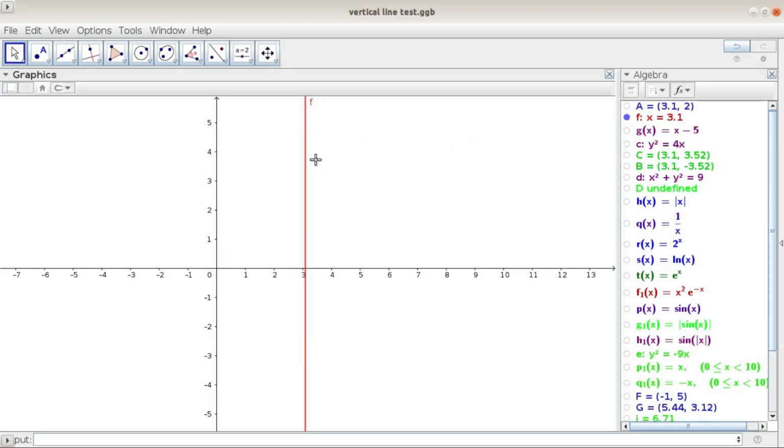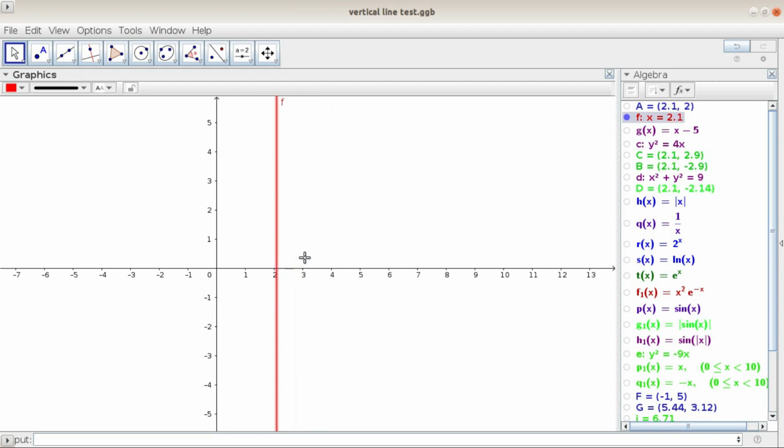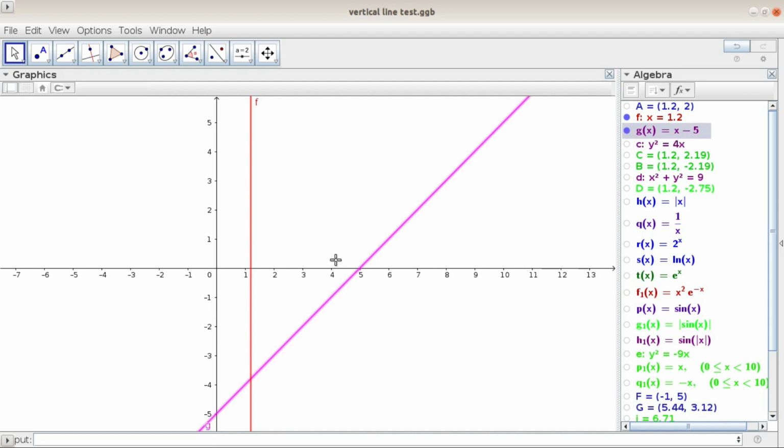Consider a vertical line f. F is x equal to 3.1. We can move this vertical line. By moving this vertical line, we get different vertical lines in the xy plane. Now consider the graph of g(x) = x minus 5.